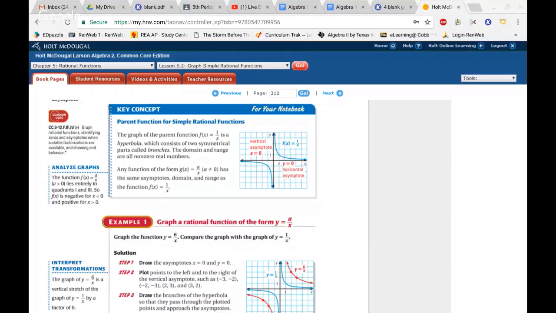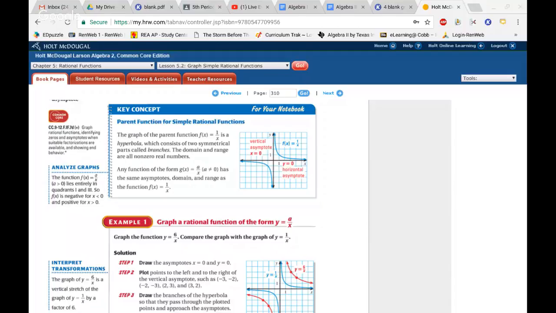On our notes, I think it was called the inverse function, but they are one and the same. That's the very simplest rational function, as you can see there on that key concept, the parent function, and that's basically what it looks like.